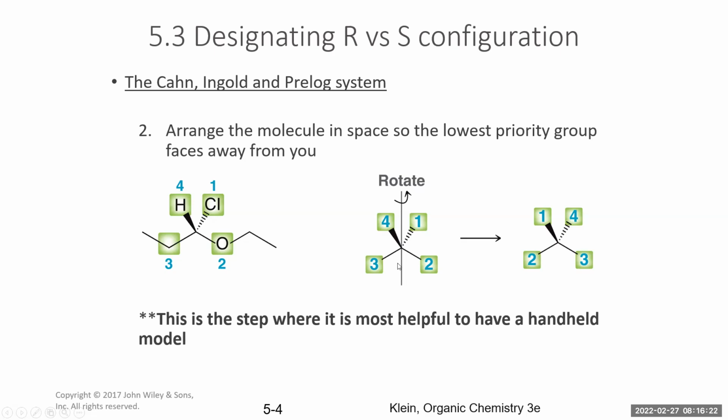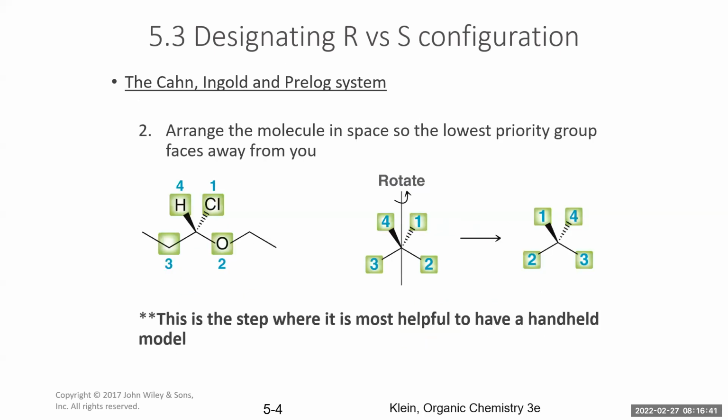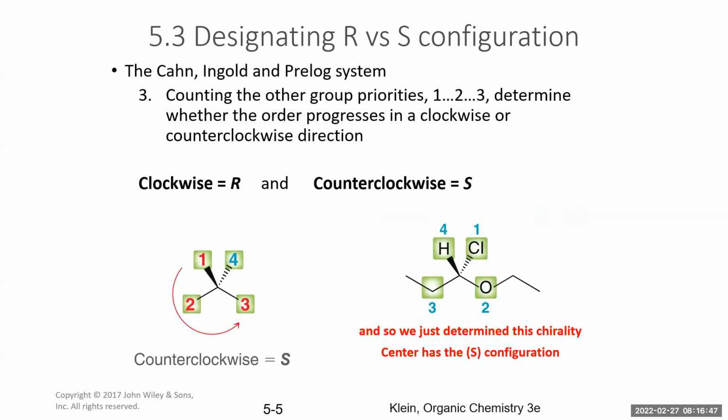And the 2 groups in the plane end up switching. But through this rotation, now we have the molecule that we can observe in the correct way, which is with the 4th priority group pointed away from us. By the way, there's another trick besides doing this that can be helpful as well if you have trouble with this sort of rotation. And I'll go over that eventually.